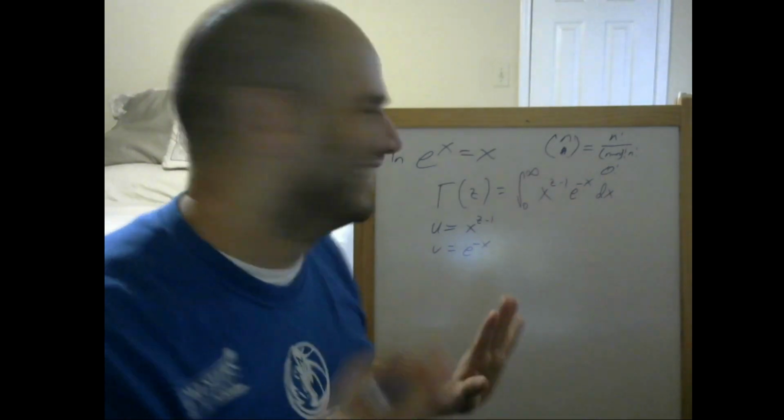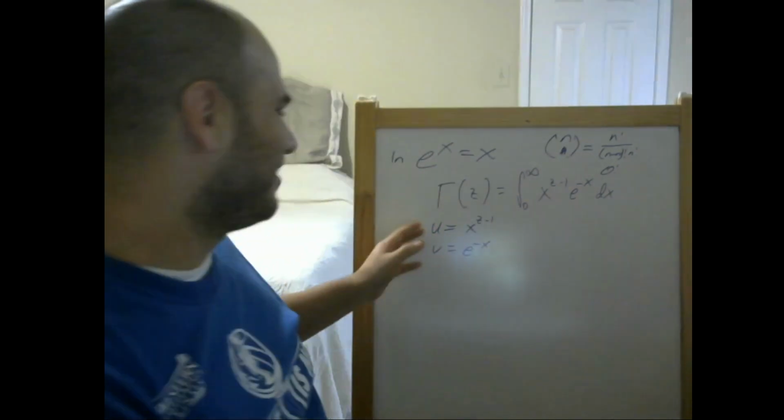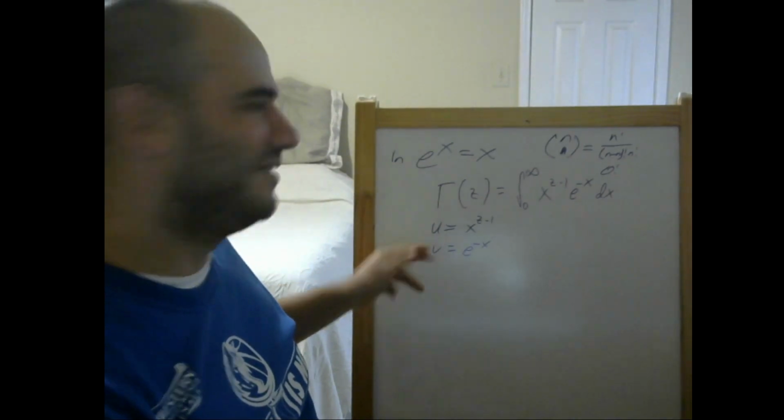So anyway, okay, enough of that. Okay, so we have u and v. So now we need to compute du and dv.